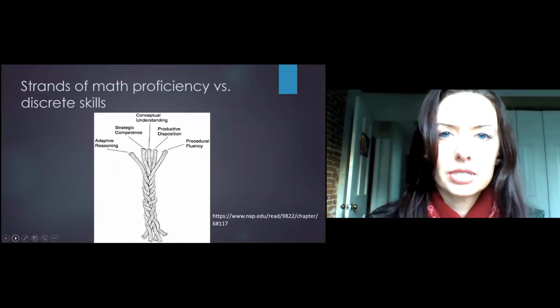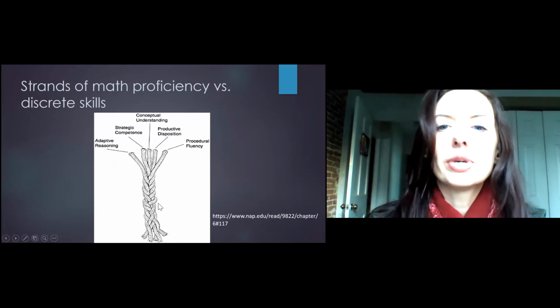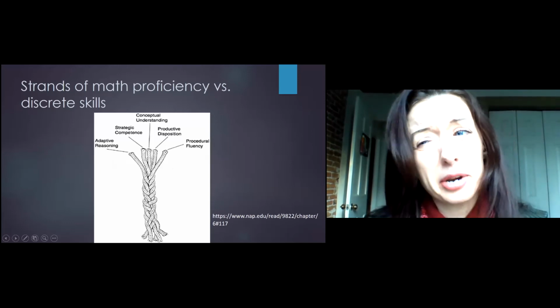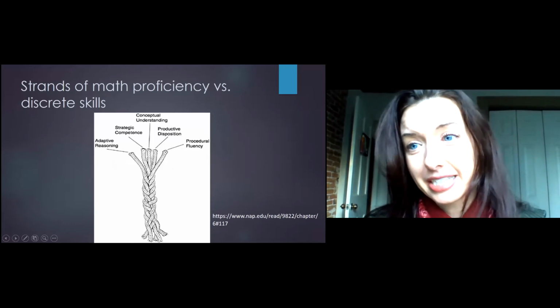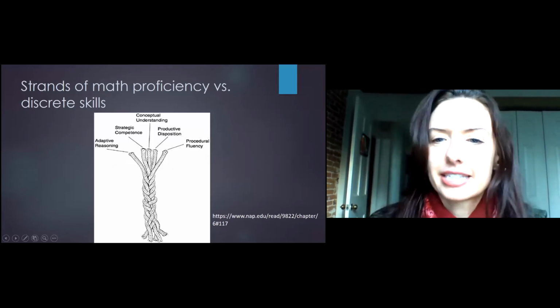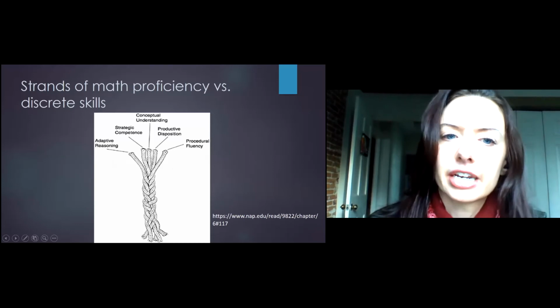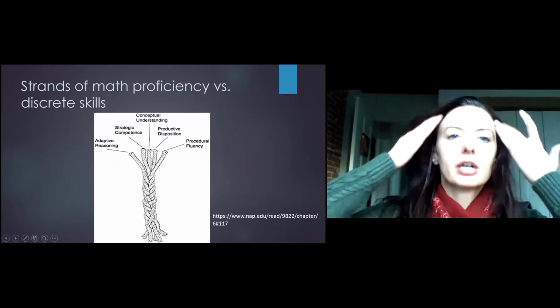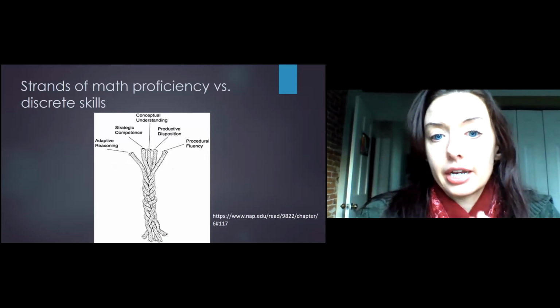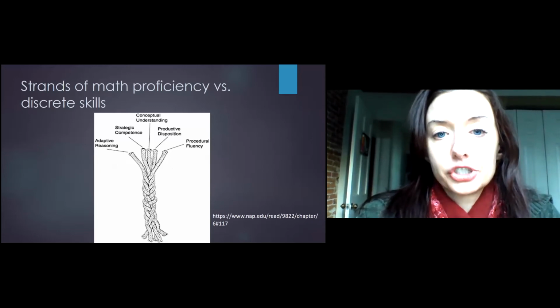When we think about students with math learning disabilities, we don't want to just think about procedural fluency. This is where a lot of teachers have complaints and they come to me and they're, oh, they don't know their facts, okay? Yes, that's one piece of understanding math, but we want to make sure that students understand the 5 strands of math proficiency here as evidenced in this image.